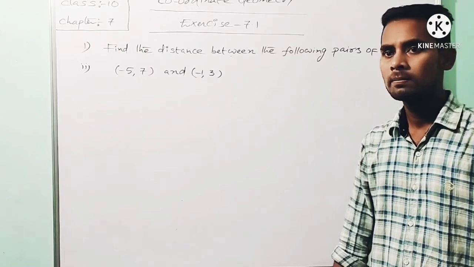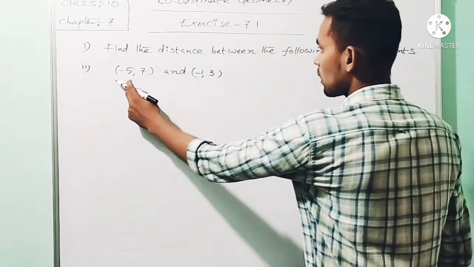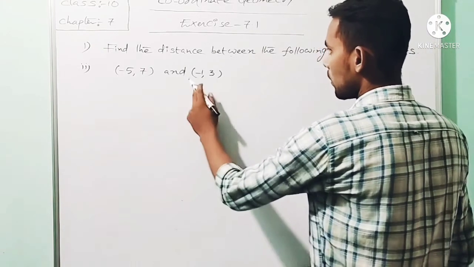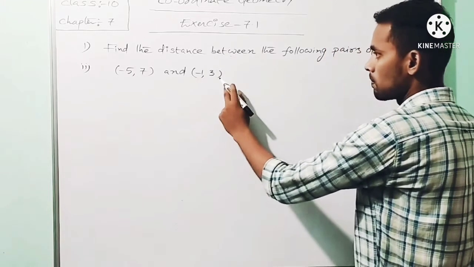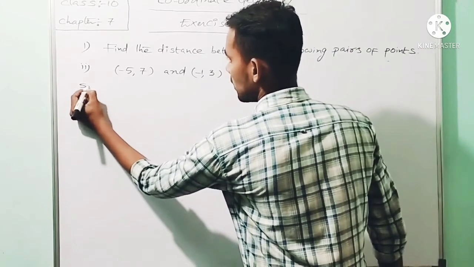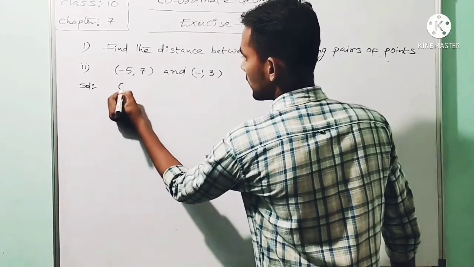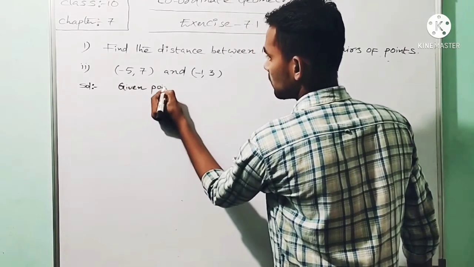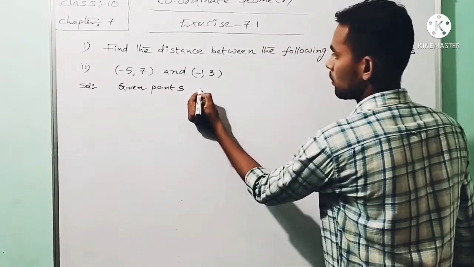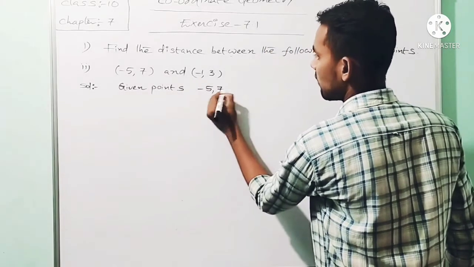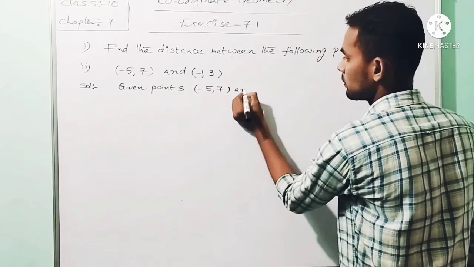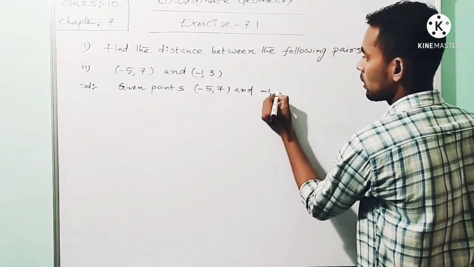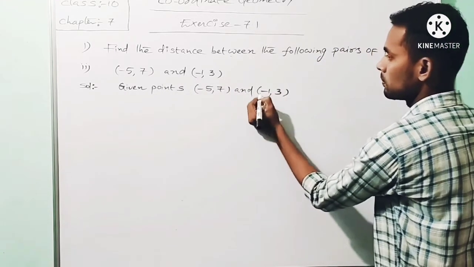Second one: (minus 5, 7) and (minus 1, 3). Solution. Given points (minus 5, 7) and (minus 1, 3).